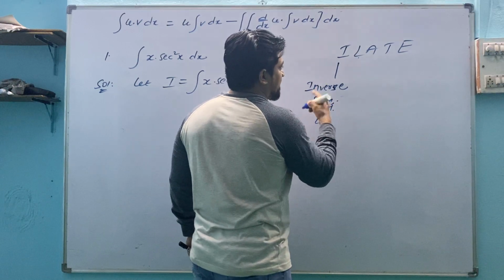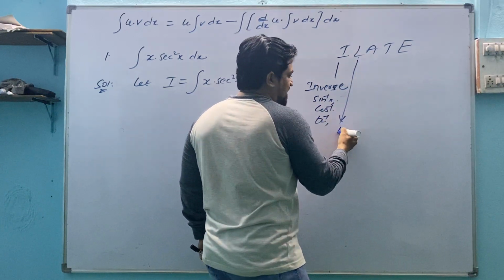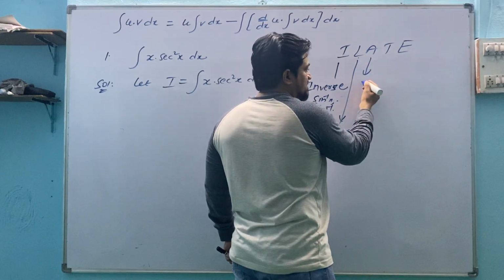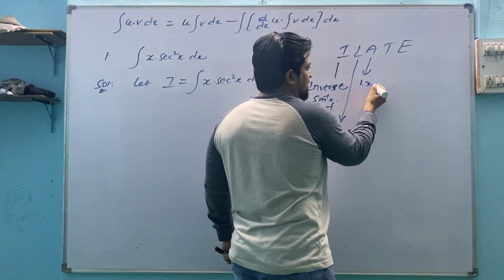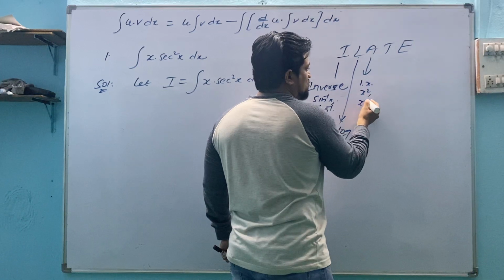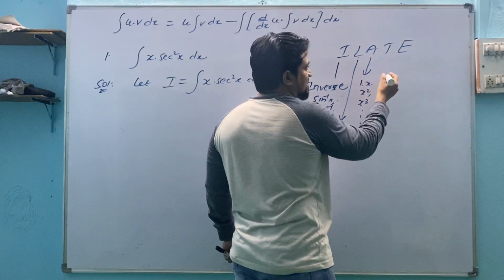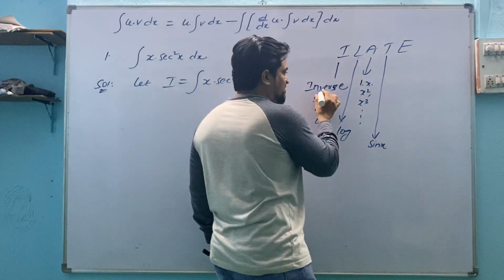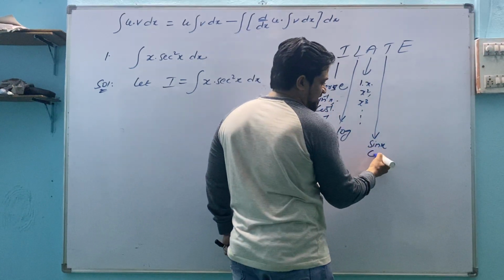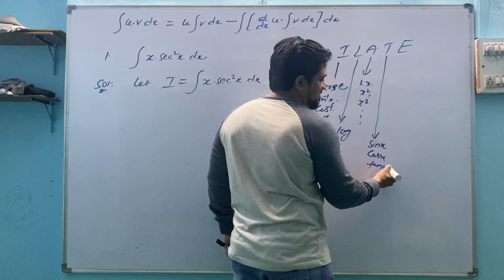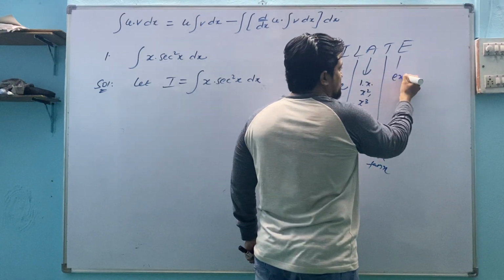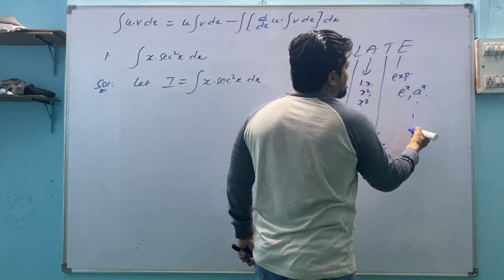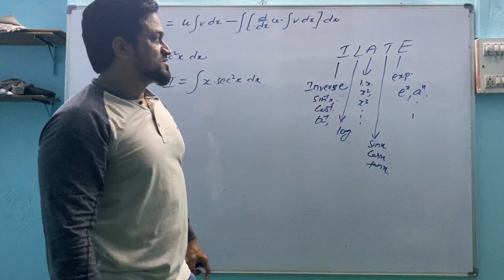Logarithm means single log values. A is algebraic terms: 1, x, x square, x cube, whatever terms are there are considered algebraic terms. Then T is trigonometric terms: sine, cos, tan, whatever. Then E is exponential, meaning e power x, a power x.